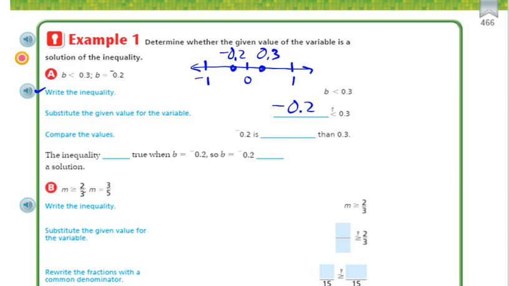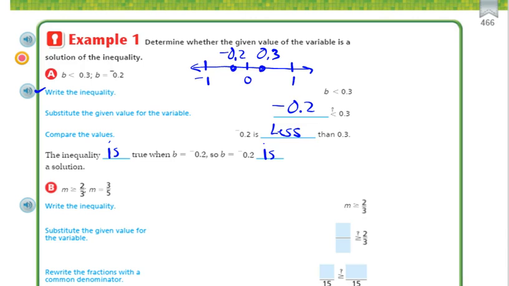So negative 0.2 is on the left on the number line of the 0.3. So that means that negative 0.2 is less than 0.3. So the inequality is true when b equals negative 0.2. So b equals negative 0.2 is a solution.